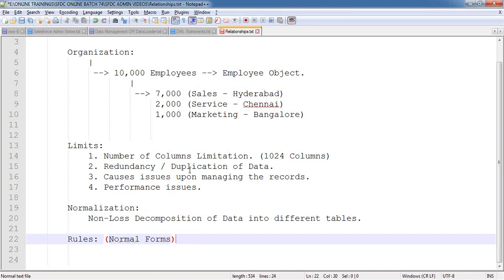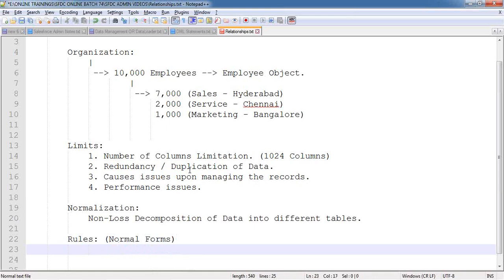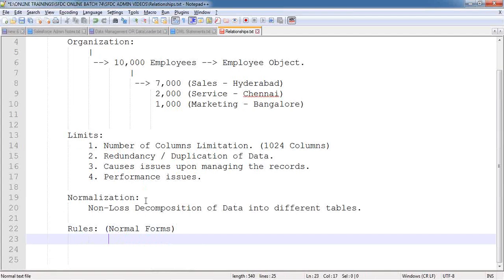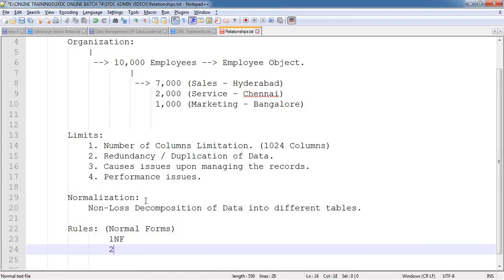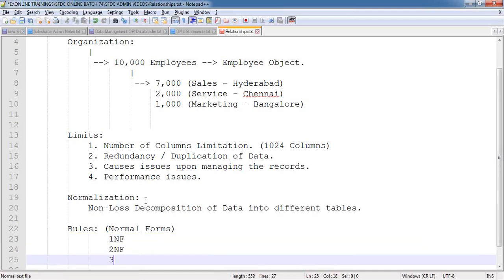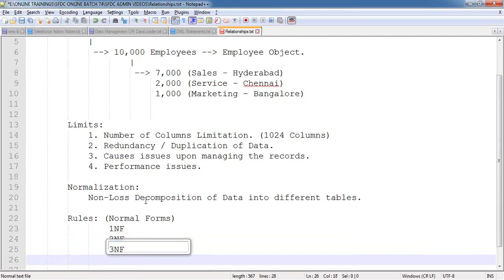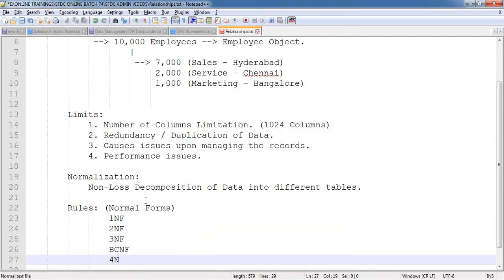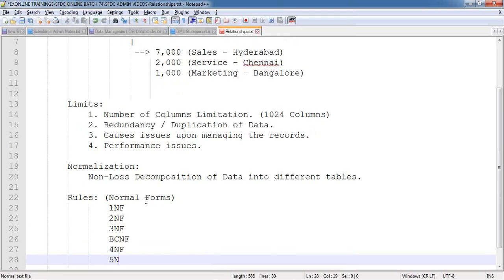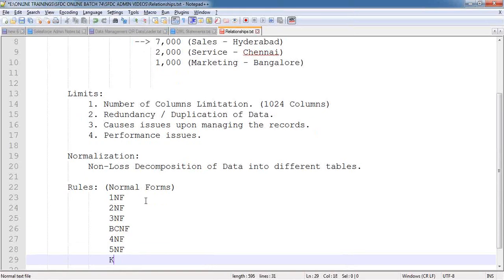So normal forms are nothing but the various rules which we need to follow upon splitting the data from one table to multiple tables. As part of the database, various normal forms are available: first normal form, second normal form, third normal form, Boyce-Codd normal form, fourth normal form, fifth normal form, and the join key normal form.